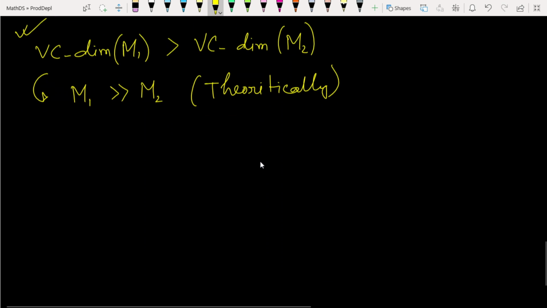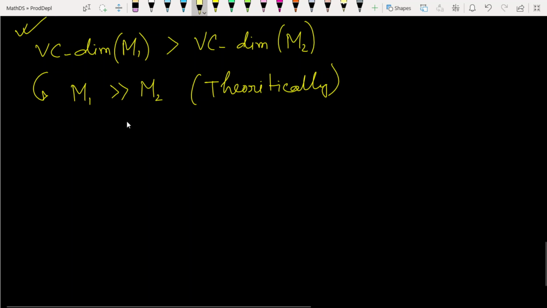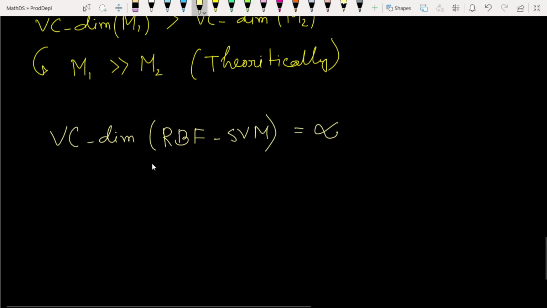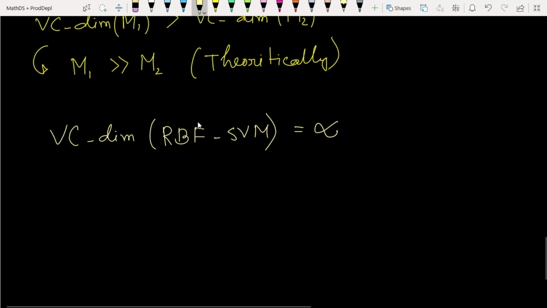So let's see. If you calculate the VC dimension of the RBF SVM, you get an infinity value. Its value is infinity. That means what? It means theoretically it's overall good.